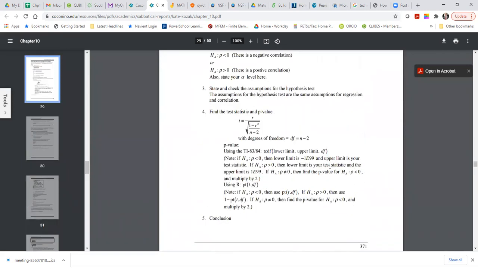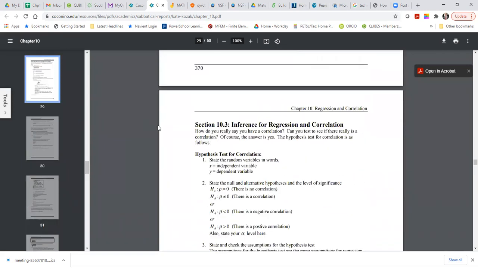What else here? Okay. Inference of linear correlation. Okay. So this is where you want to do a hypothesis test also. Okay. So you can do a hypothesis test for the regression and correlation. Okay. So first, the same thing, you need to state the random variables.